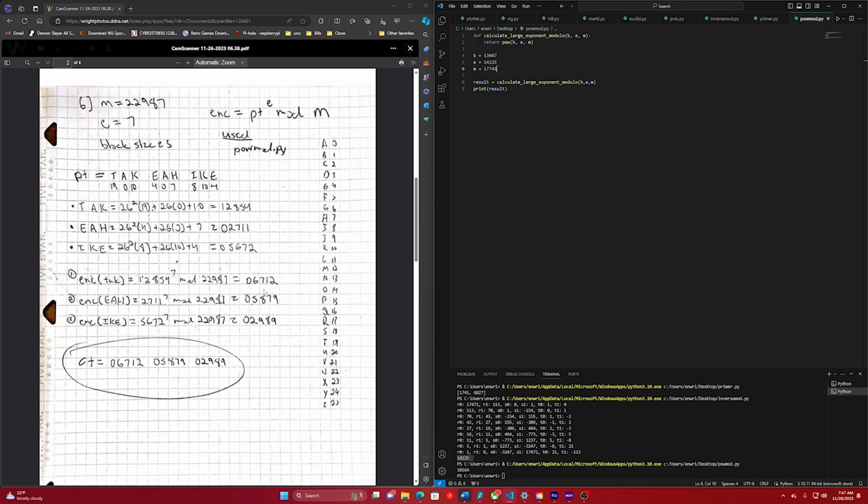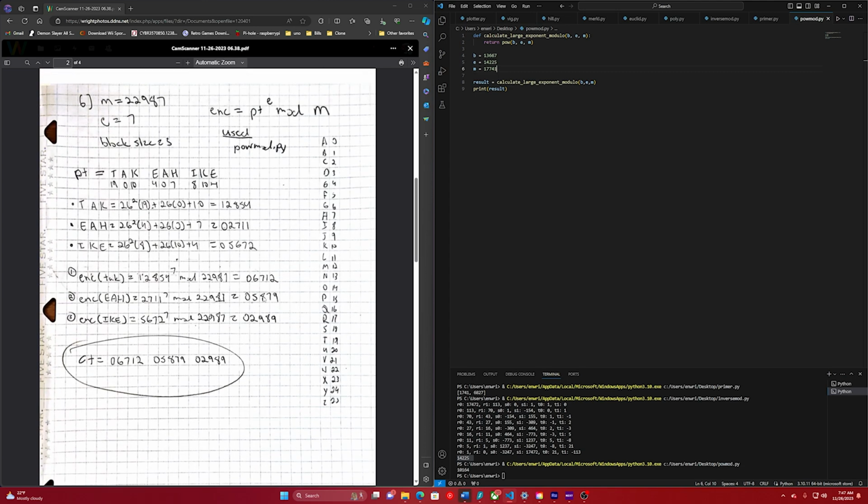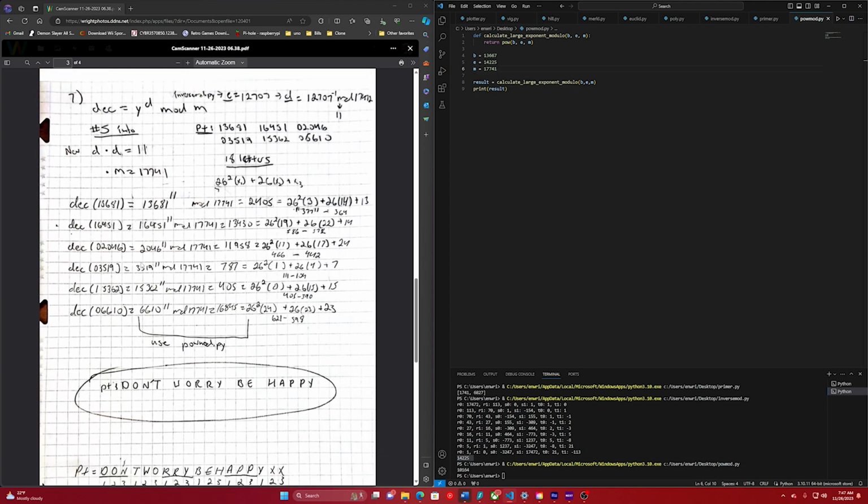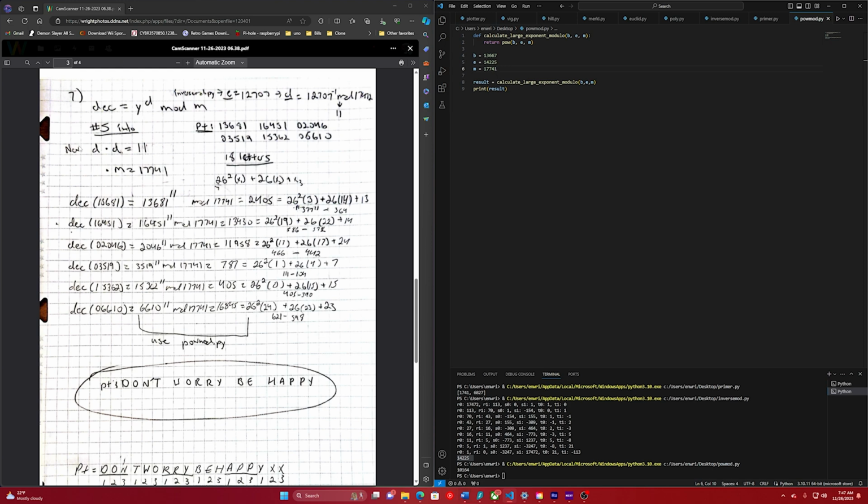So in the book example, they just slap a 0 in front of everything. So I just did that here. If I got 6,712, I would transmit that, but I'd slap a 0 in front of it. So you gotta do that for all three of these. So that's enciphering, and then you got decipher.